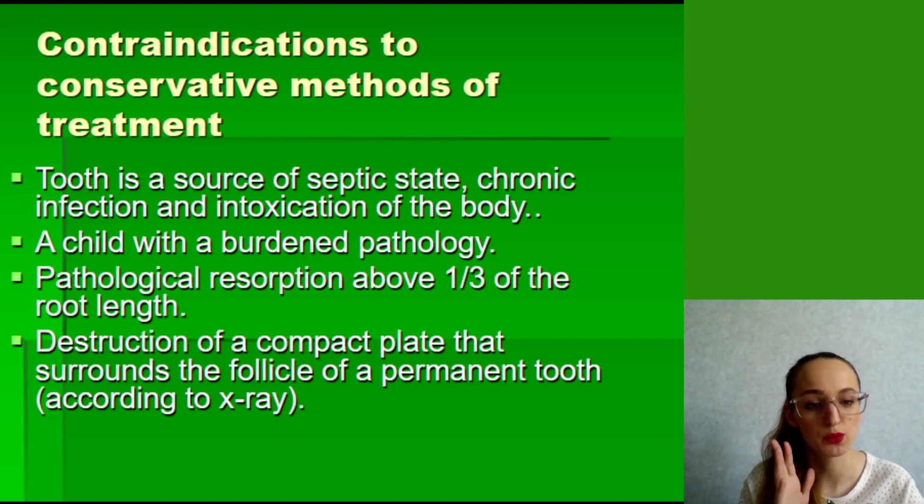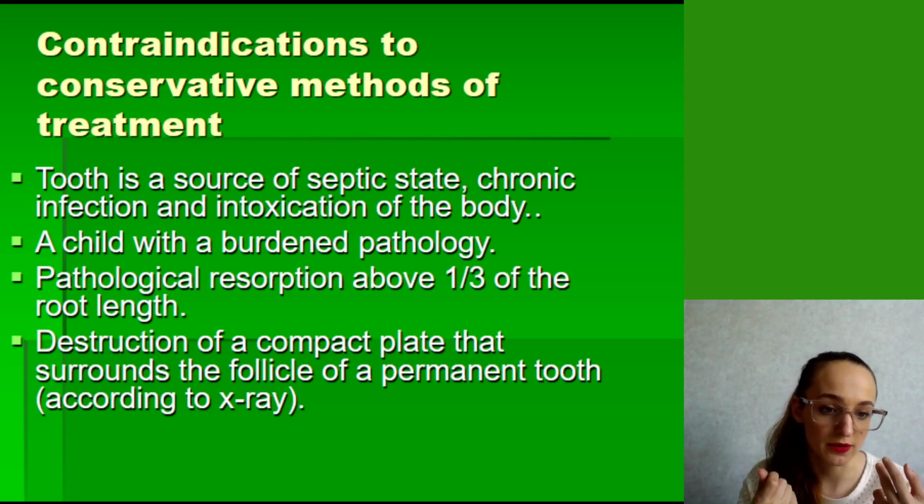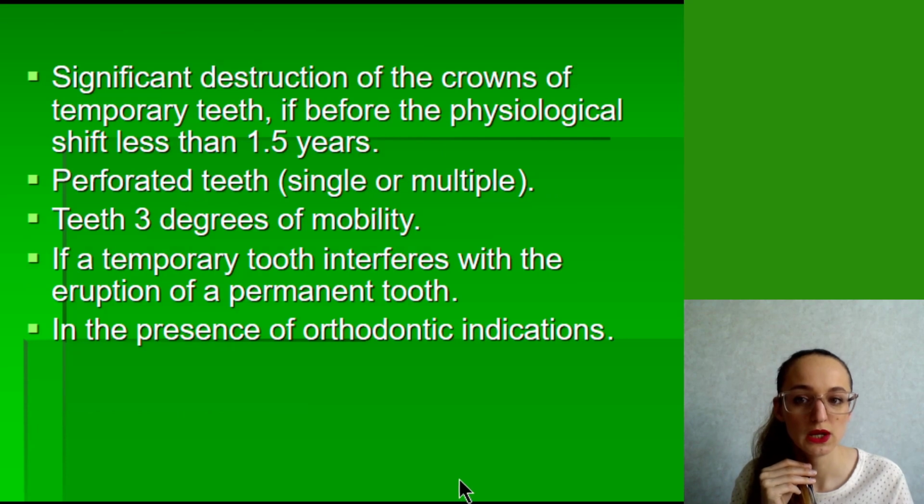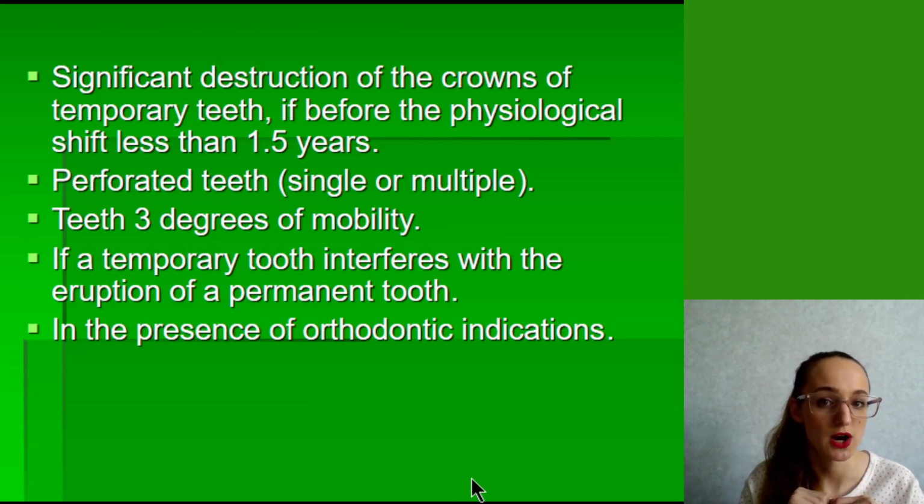Pathological resorption above one third of the root length, and destruction of the compact plate that surrounds the follicle of a permanent tooth, which you see after doing an X-ray. Significant destruction of the crowns of temporary teeth if before the physiological shift is less than one and a half years, sometimes 2 years.